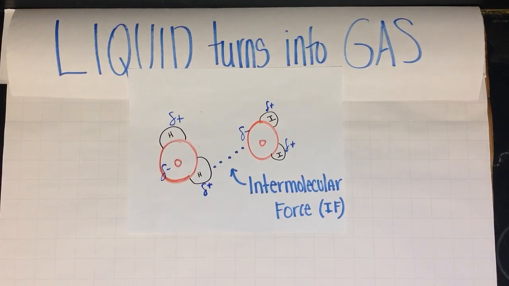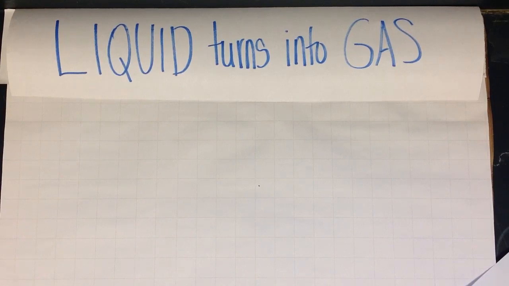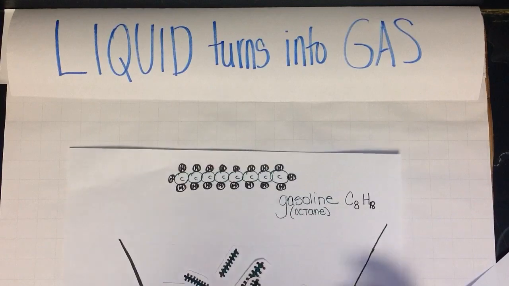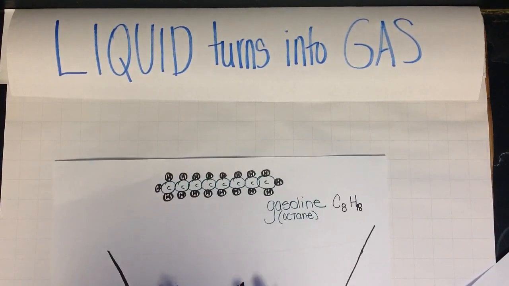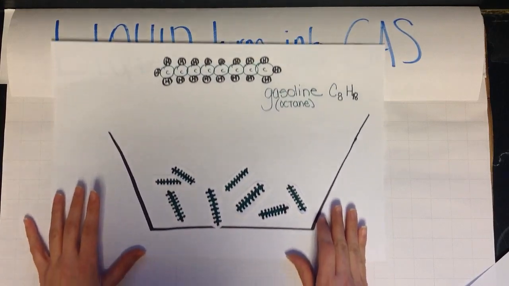Now, we've been talking about water a lot, but truth be told, this happens in any liquid. So let's take a look at this liquid I have here, which is gasoline. In this container I've got all of these gasoline molecules.